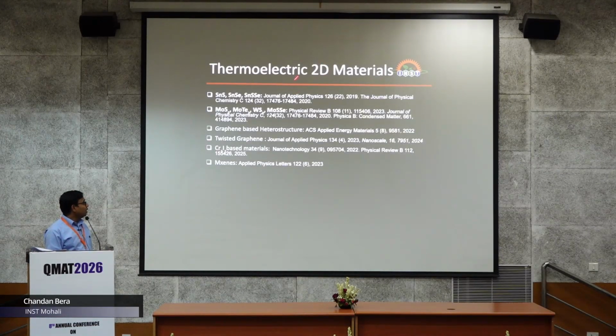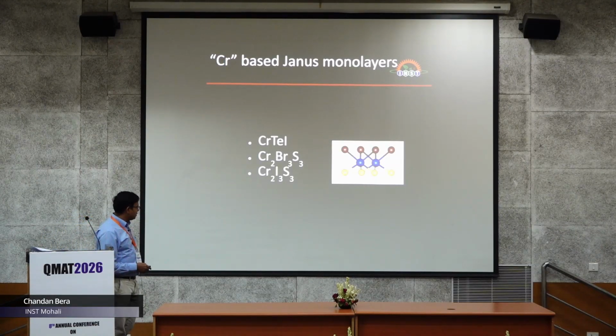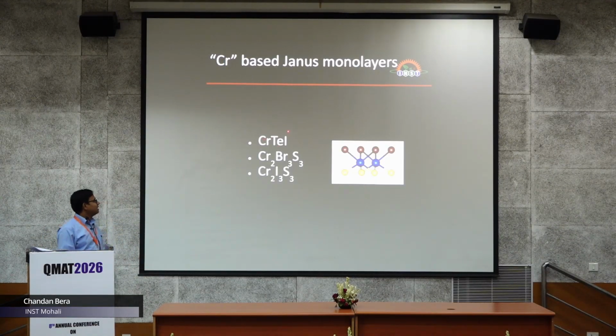So in our group we are working on different 2D materials. Today, as I told earlier, I'll mainly focus on these chromium-based 2D materials. For the chromium-based Janus monolayers, we have focused on three compounds: CrTeI, chromium bromide sulfide and chromium iodide sulfide.